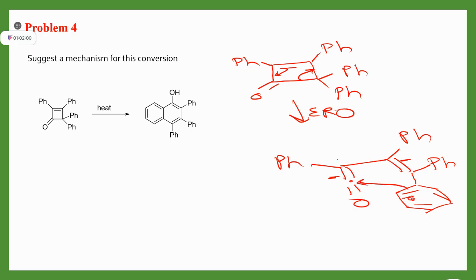So this can undergo a 4 pi electrocyclic ring opening and this a 6 pi electrocyclic ring closing. Correct? So this bond can go here and this can go here.